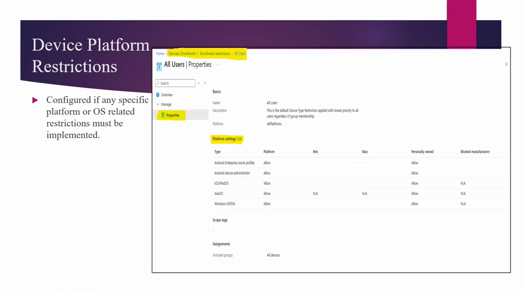The different types of operating systems are mentioned here, and depending on what operating system is allowed and what is blocked or denied, the organization could decide whether they allow certain types of personally owned devices to be enrolled or not.